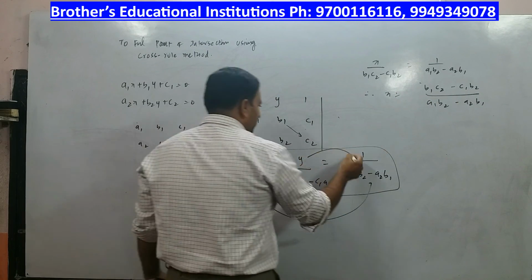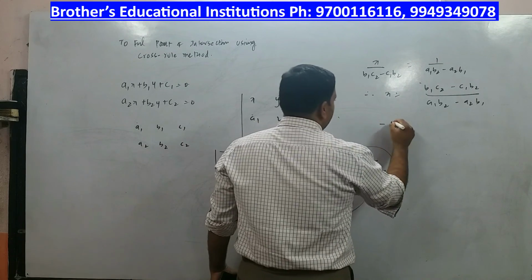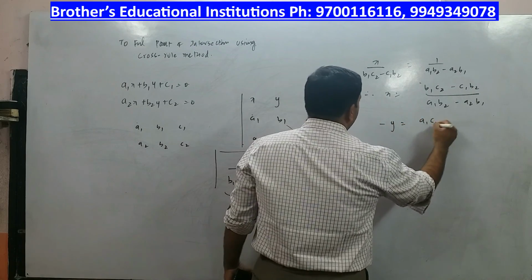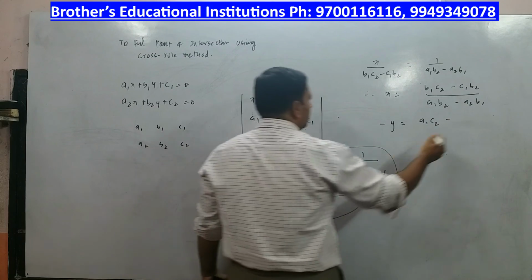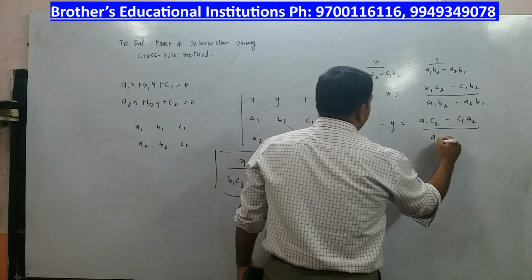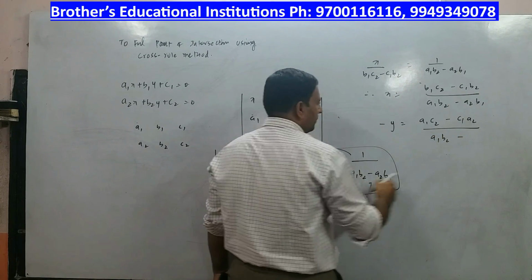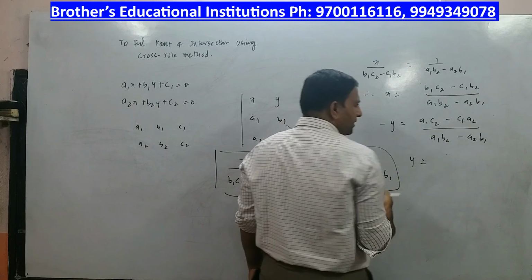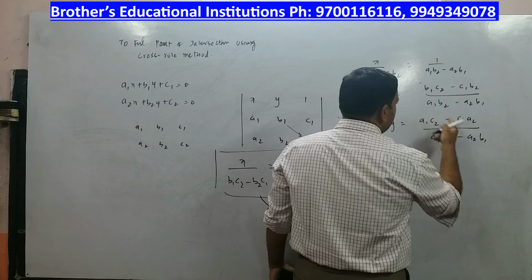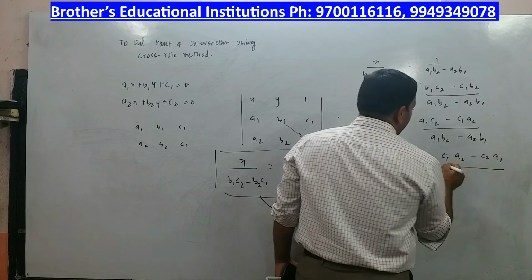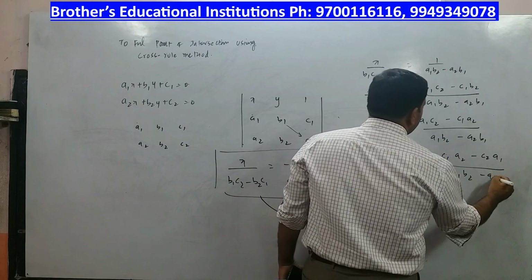Now if I equate the y coordinate, I will write minus y is equal to a1 c2 minus c1 a2 by a1 b2 minus a2 b1. So y is equal to, send this minus sign there. When you send this minus sign there, things will interchange. It is c1 a2 minus c2 a1 by a1 b2 minus a2 b1.